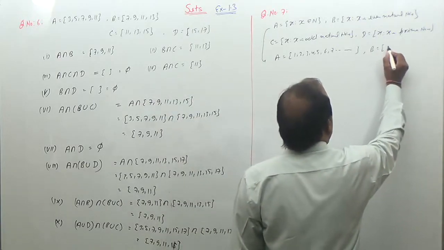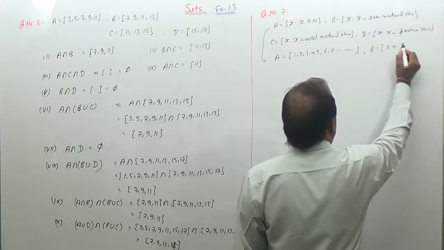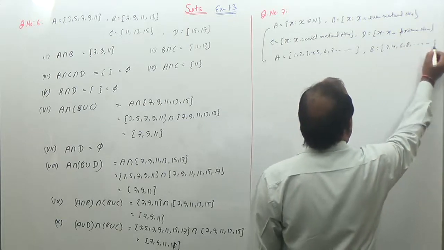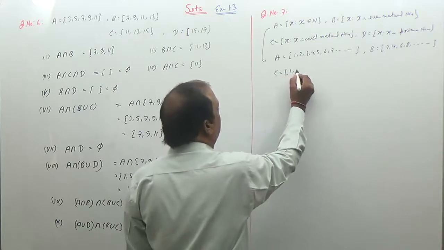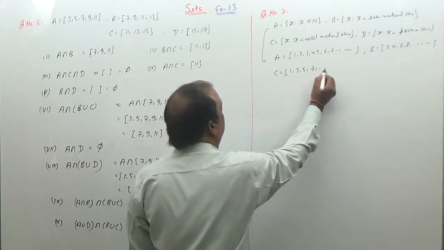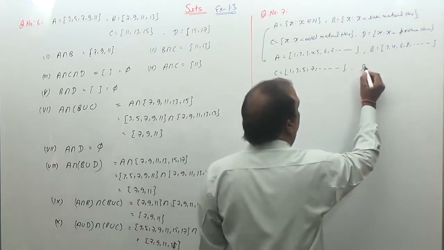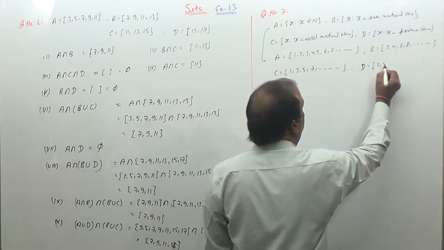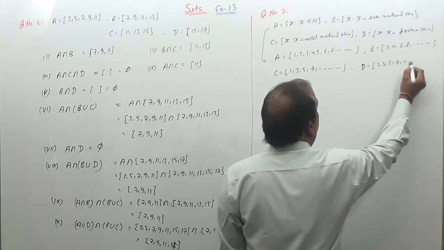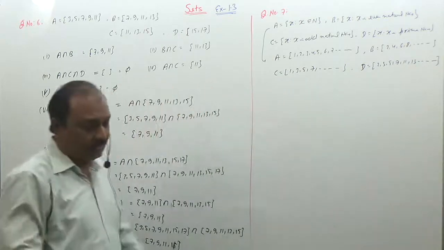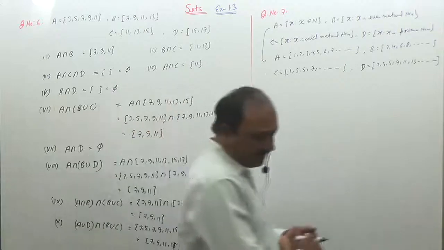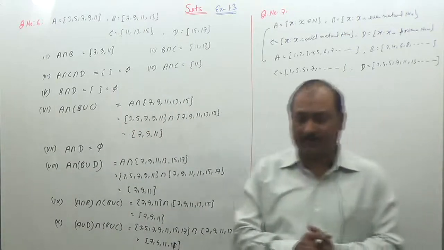Second, B is the set of even natural numbers 2, 4, 6, 8 and so on. Set C is the odd natural numbers 1, 3, 5, 7 and so on. And D is the set of prime numbers 2, 3, 5, 7, 11, 13 and so on. So in the question the set builder forms are given, so we have converted them to roster form.